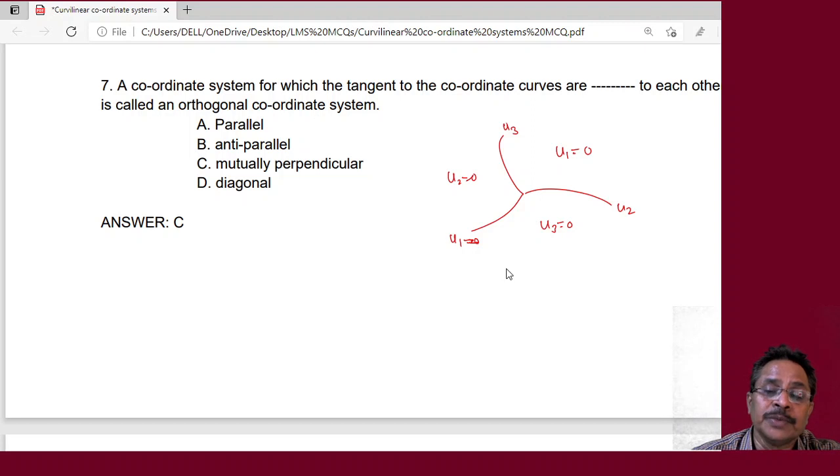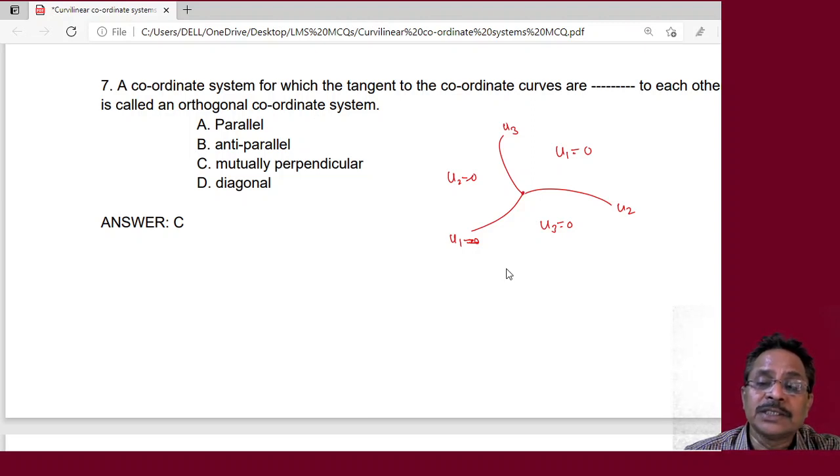These three curved planes intersect each other in such a manner that the intersection of u1 equal to 0 and u3 equal to 0 gives me the second direction, that is u2. Then the intersection of u1 equal to 0 and u2 equal to 0 gives me u3, the third direction, and similarly u2 equal to 0 and u3 equal to 0 intersection gives me the curve direction u1.